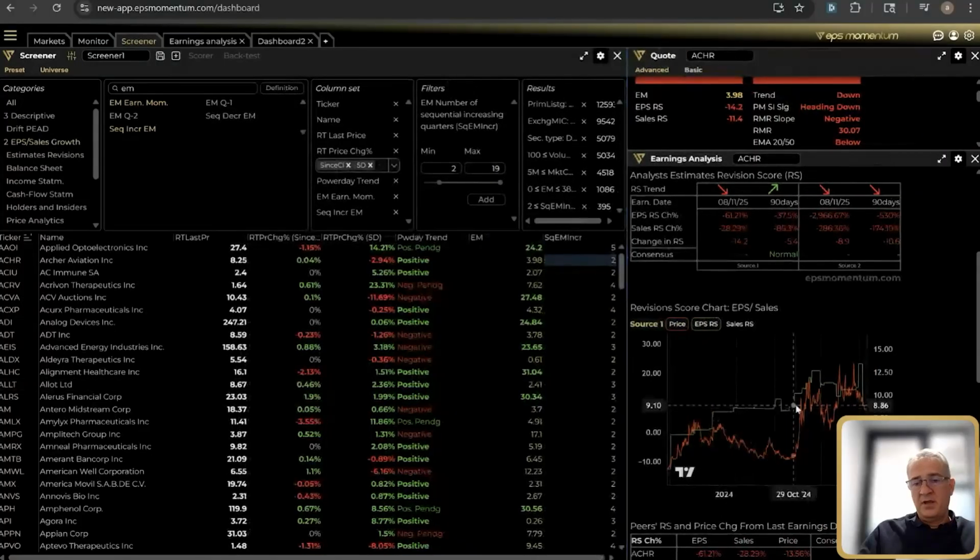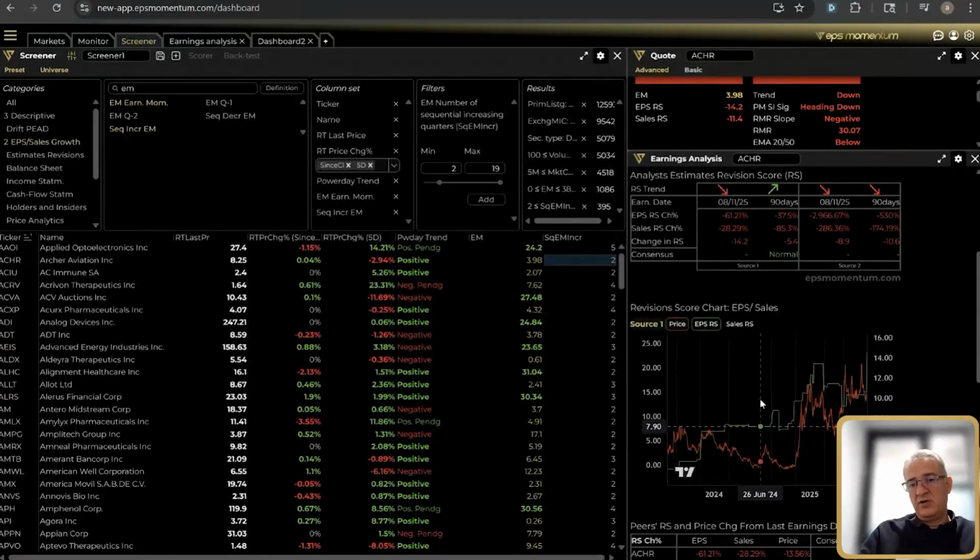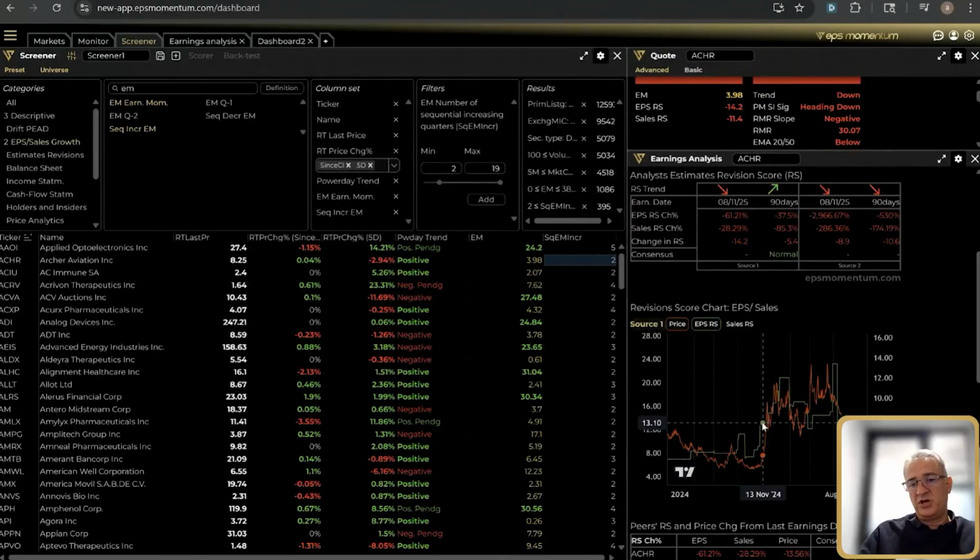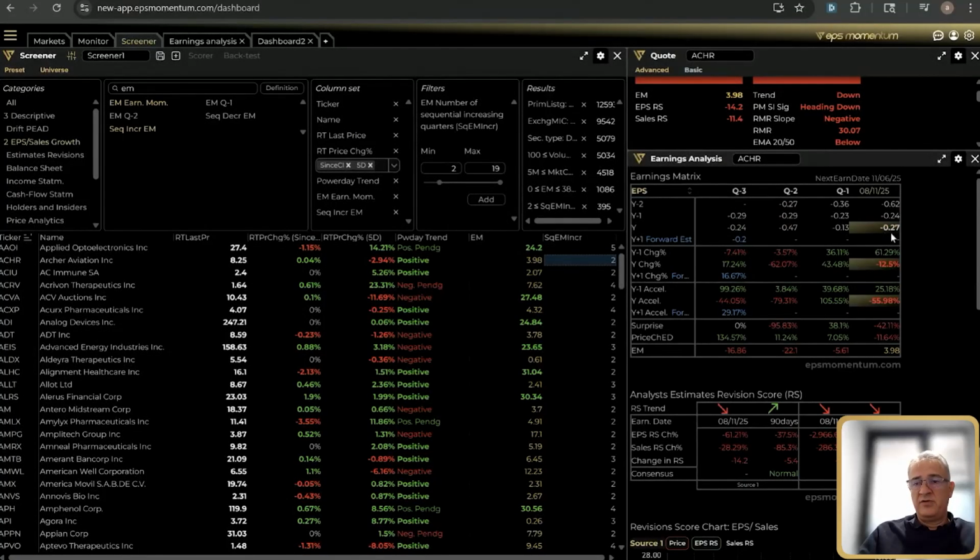This is the stock price in red, and in green you have the earning per share revisions from Wall Street. As you can see, it went up and then down and then up and now down. As it is down, the stock price is down, although they produce good numbers, right? If you look at earning per share, actually this was negative, but we can look at sales. I guess it was positive. It went from nothing to something.